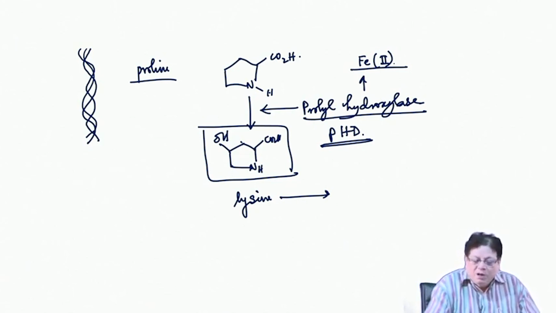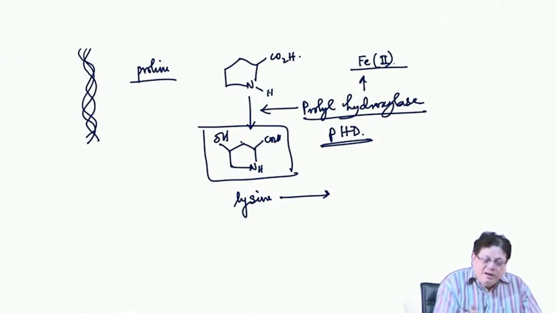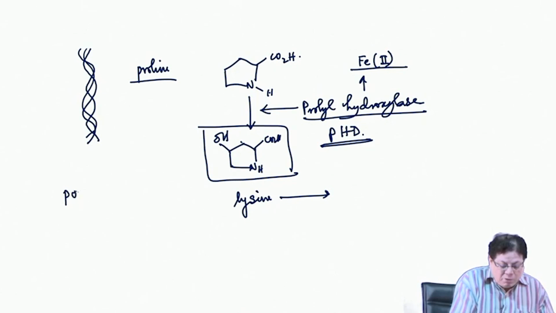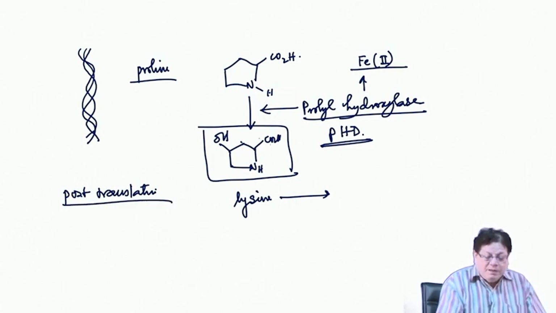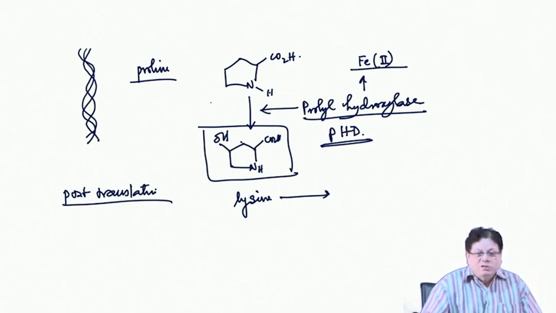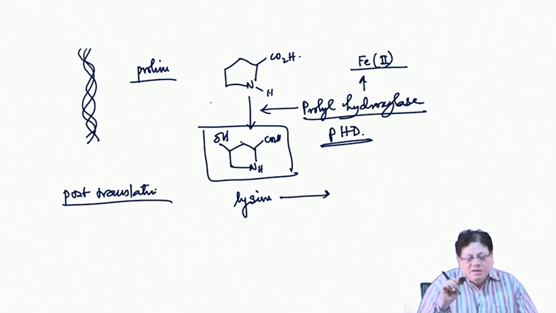We said that prolyl hydroxylase acts in what is called post translational modification. Post translational modification means that when the polypeptide is made, it will contain all the protein amino acids, there are 20.